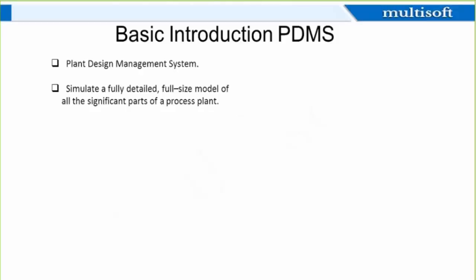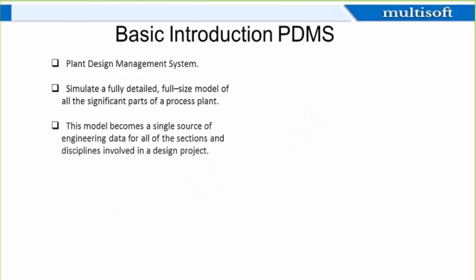Significant parts like piping, equipment, civil and structure, inline and offline instruments, etc. Now, this full-size model with all the significant parts of a plant becomes a single source of information and engineering data for all the sections and disciplines involved in the project.